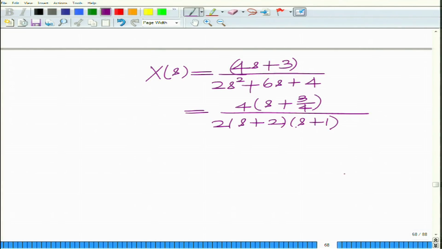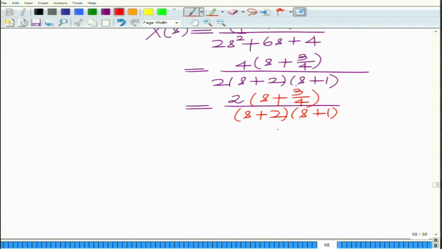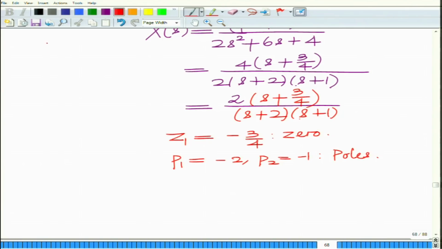So, you can write this as 2 times (s plus 3/4) divided by (s plus 2)(s plus 1), and now you can see here that the zero is z1 equals minus 3/4, and p1 equals minus 2, p2 equals minus 1 are the poles, and the ROC cannot include these poles, the ROC cannot include minus 2 or minus 1.